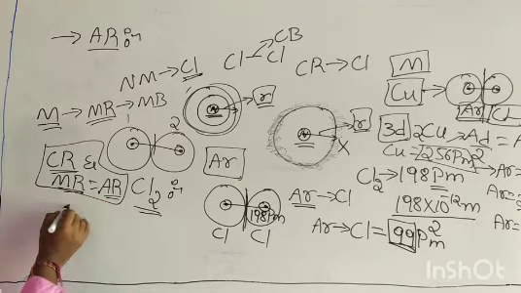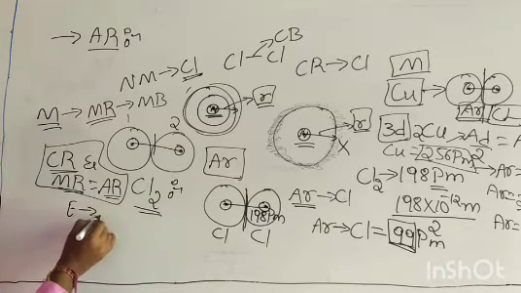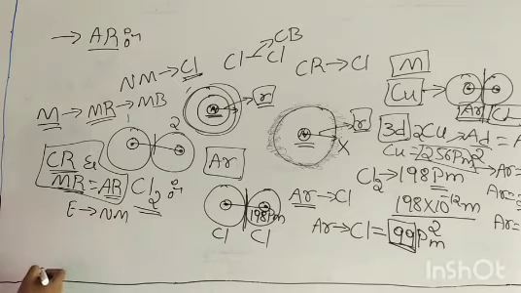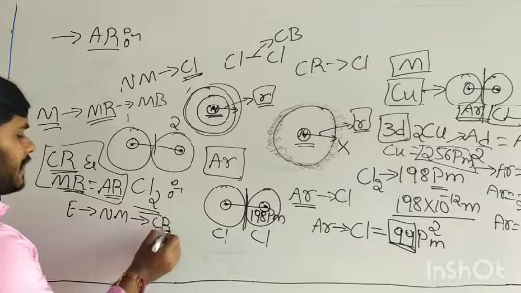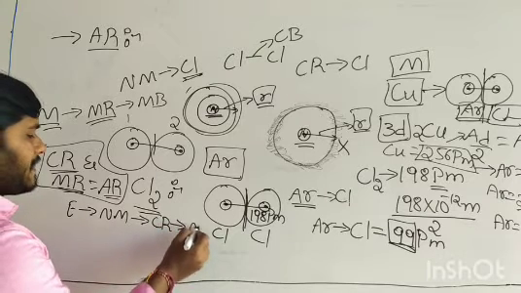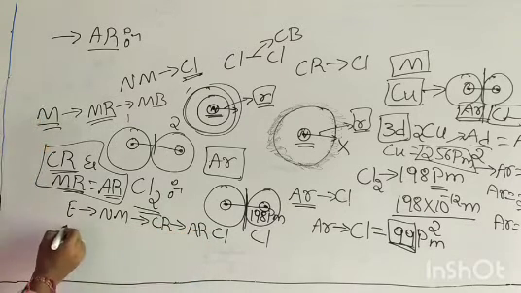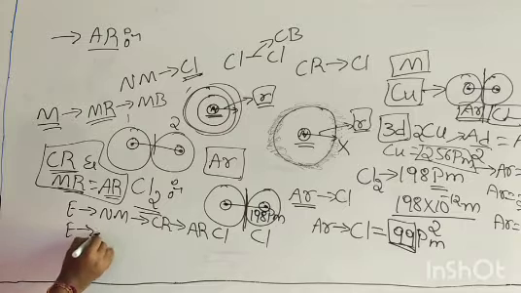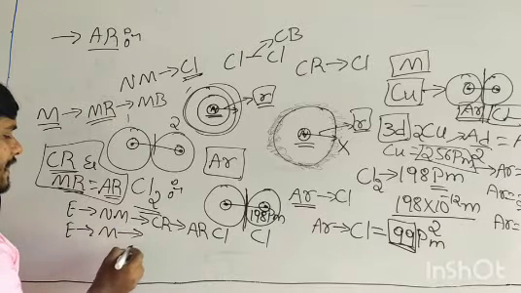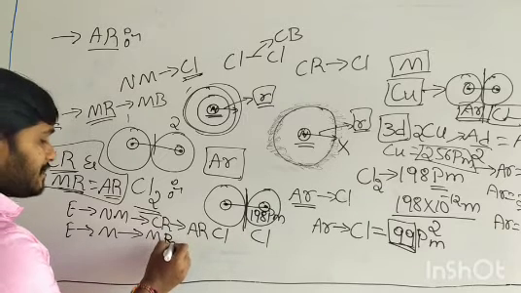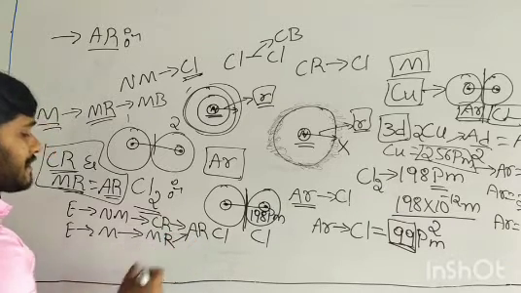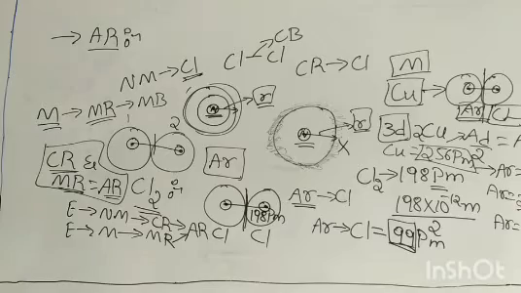If the element is a non-metal, then this will have a covalent radius. This one is also considered as an atomic radius. If the element is a metal, then the radius is considered as a metallic radius. And again, in your chapter, this metallic radius is considered as an atomic radius.